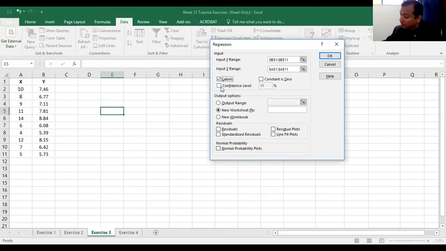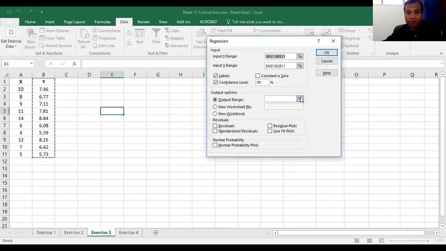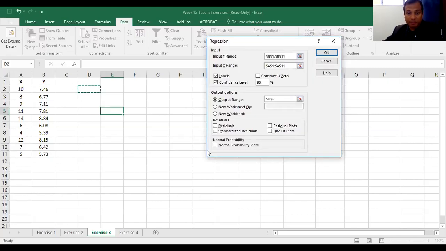For the confidence interval, you can see in this output lower 95 and upper 95, so yes, 95% has been selected. For output, I want to see the regression output here in the same sheet.